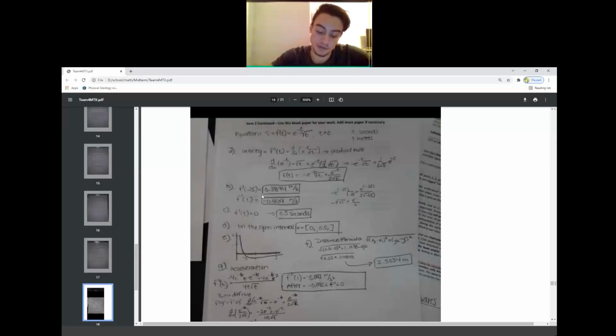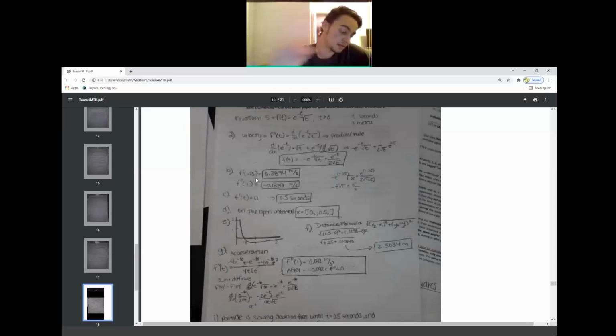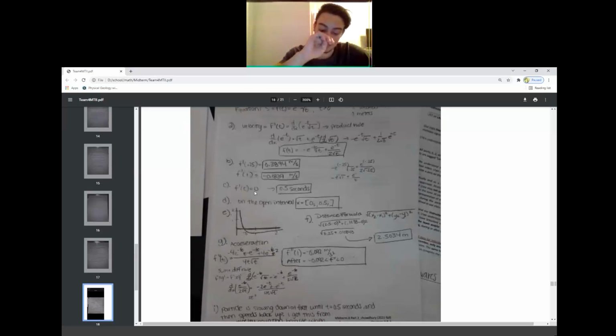And then at 1, it was moving negative 0.1839 meters per second. For part C, it asks when is the particle at rest.